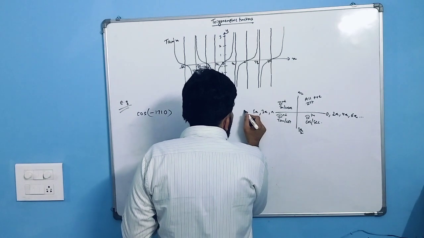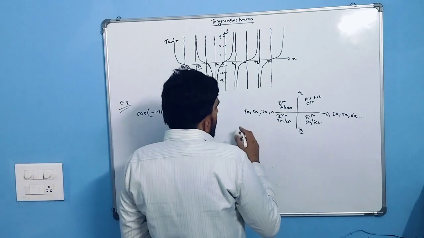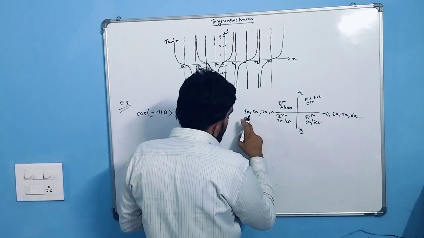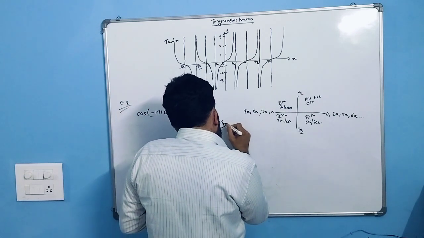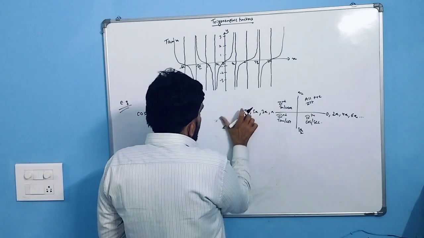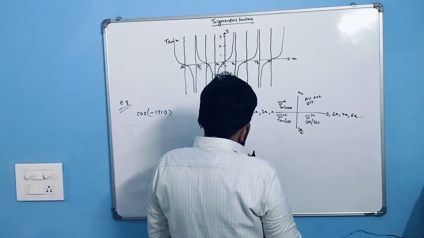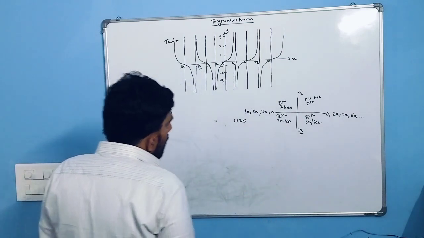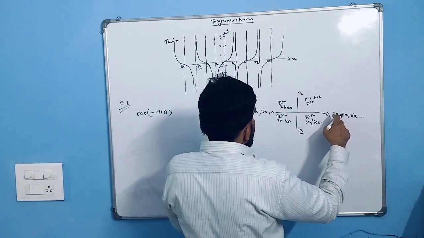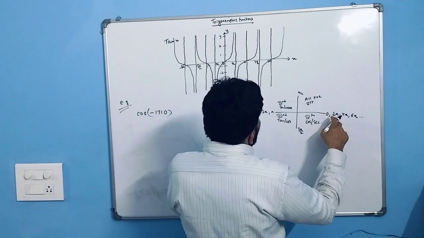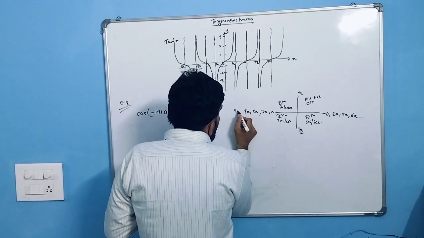So what will be 18 into 7? 18 into 7 will be 126, 1260. Now here it will be plus 90, 1350, and then 1440. Then we'll have one more value here, that is 9π.